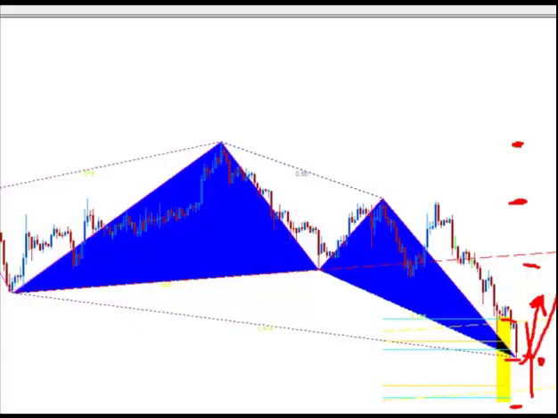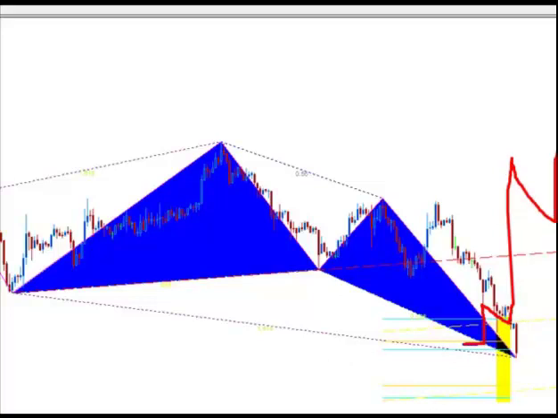So let's just clear the screen. Let's just say price is moving up like a zigzag. As price moves up, you can put your stops below the recent lows, okay? So that's one way you can manage your stop.